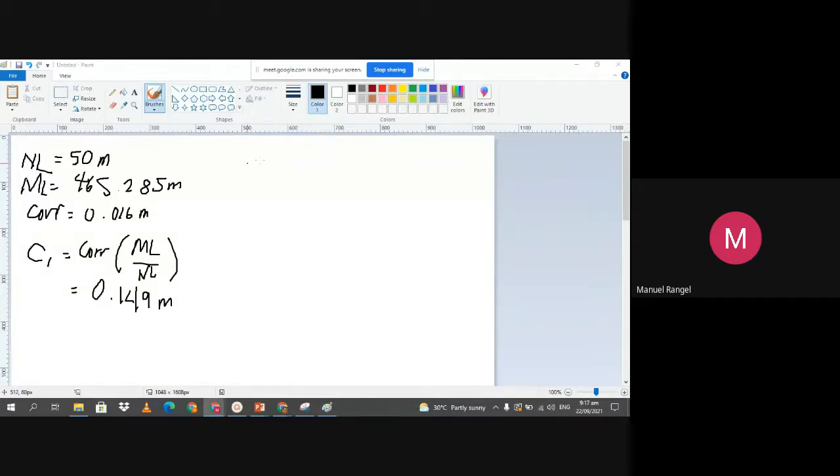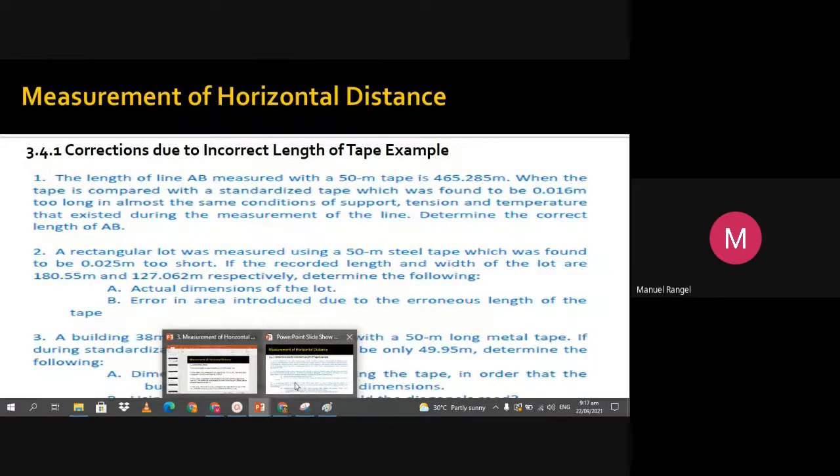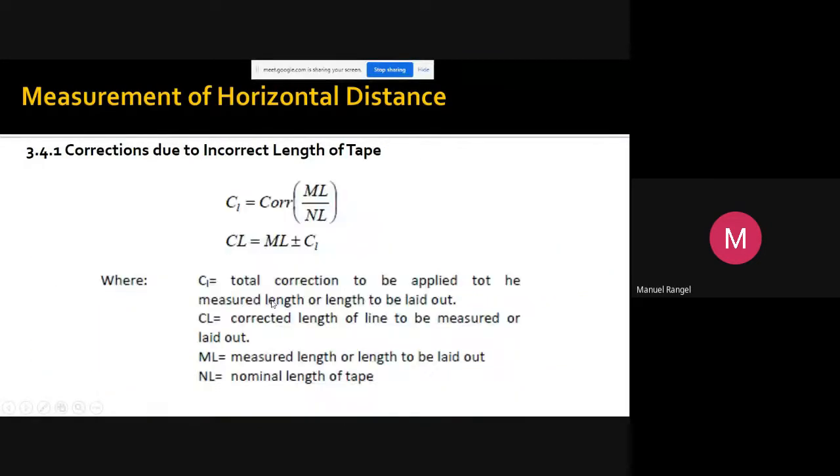Then the formula for the corrected length: CL is equal to the measured length plus or minus the total correction to be applied.